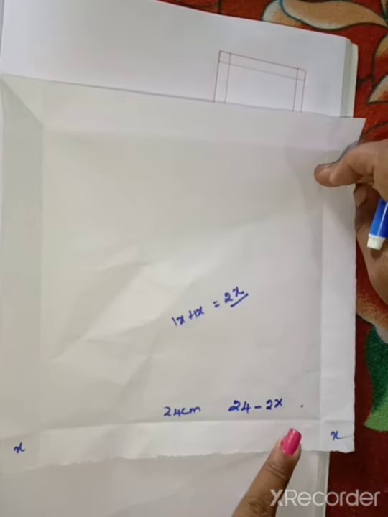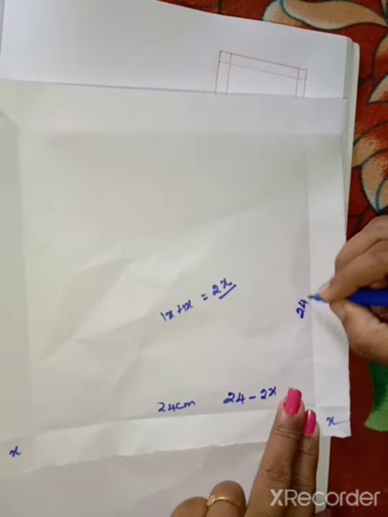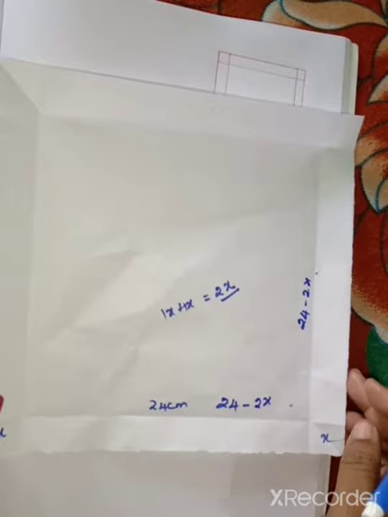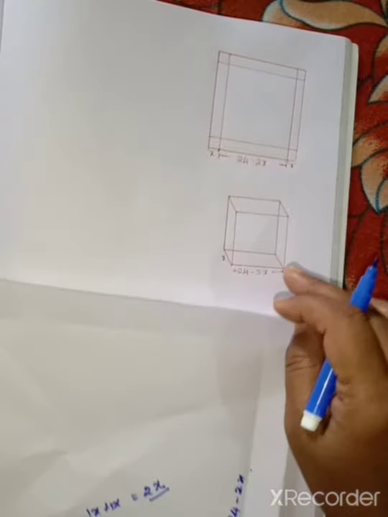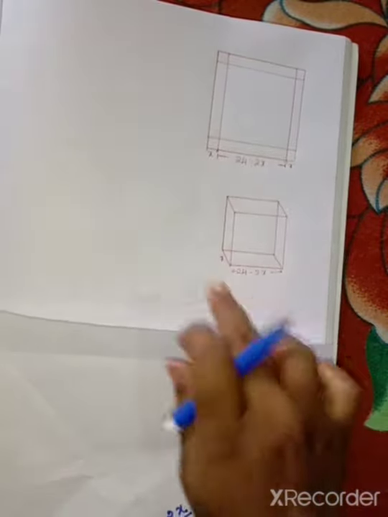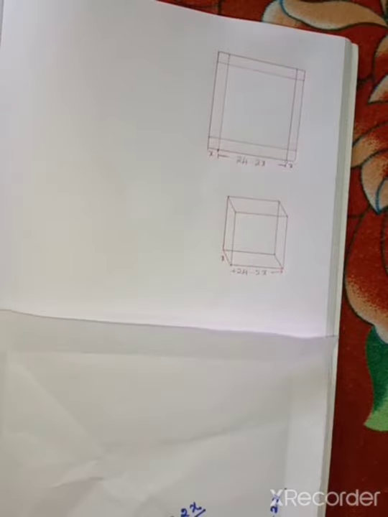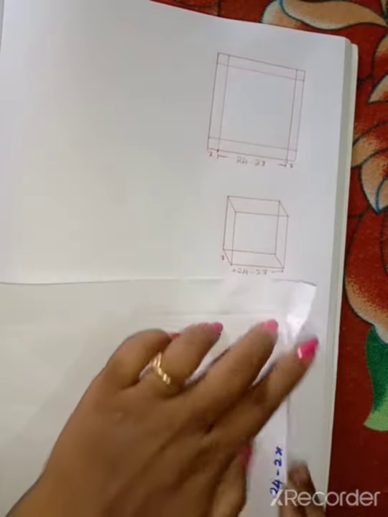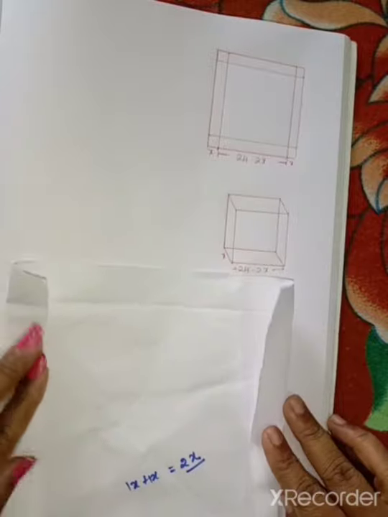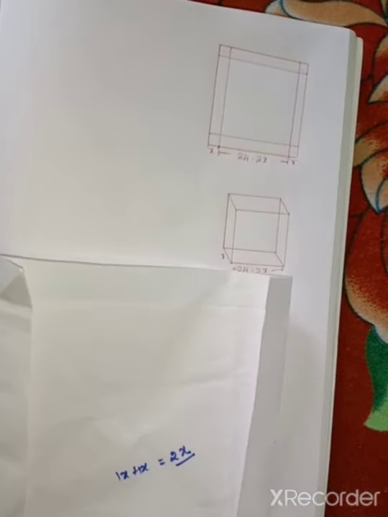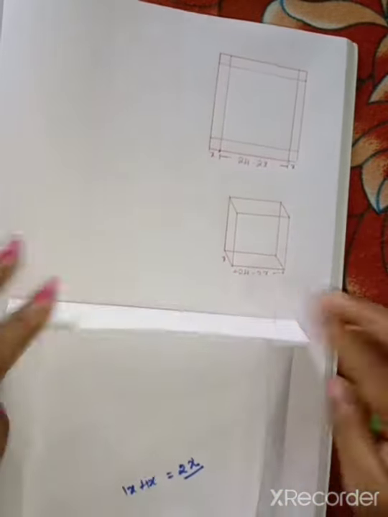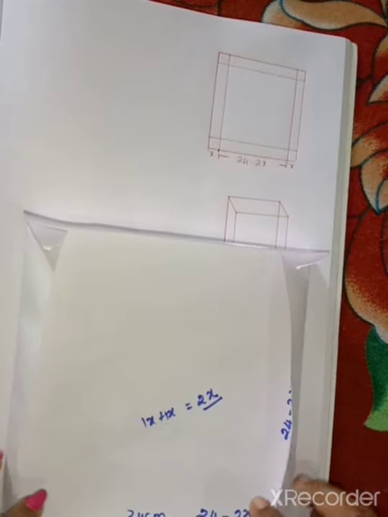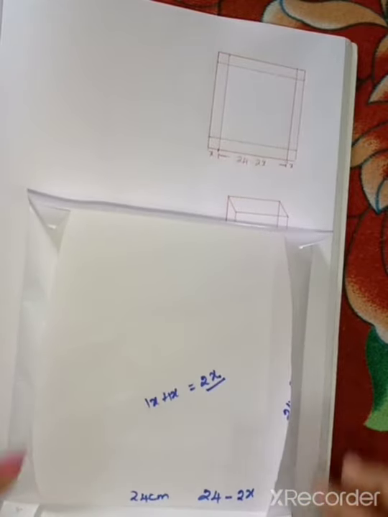Suppose in your question the second image is there, that is the folding type. If you fold like this, we have to fold the four corners also. If you fold, it looks like a box, so it is a box.